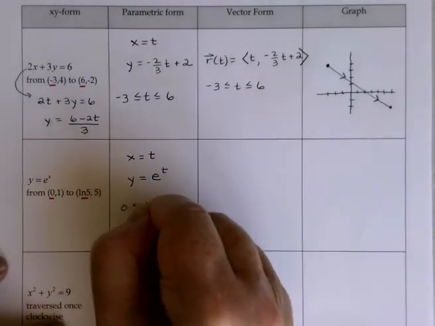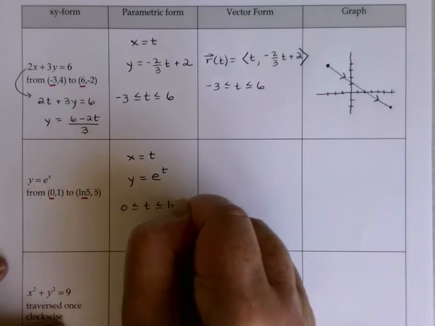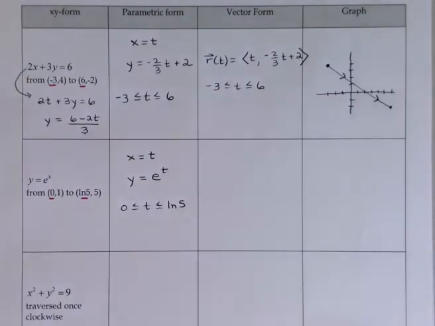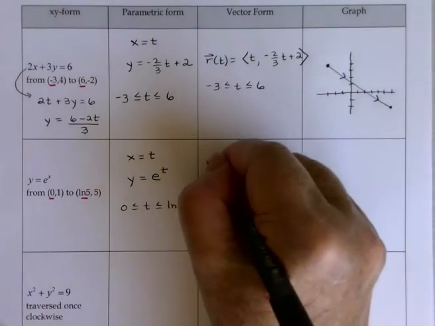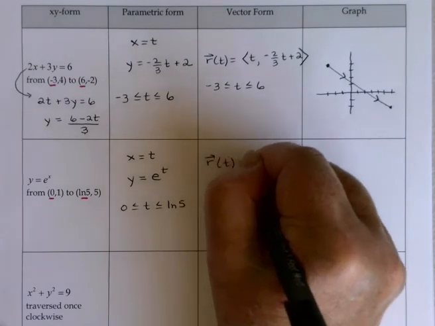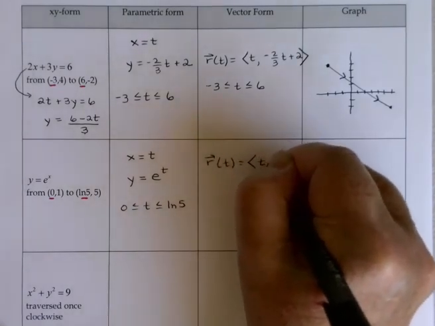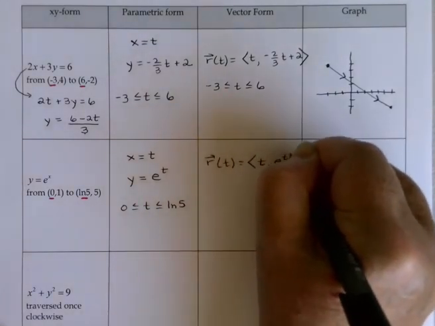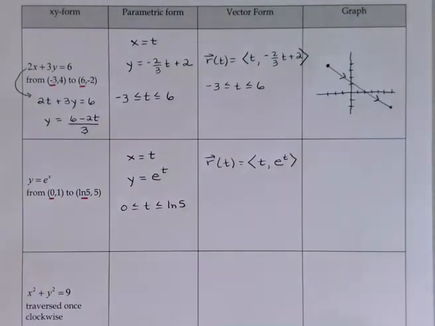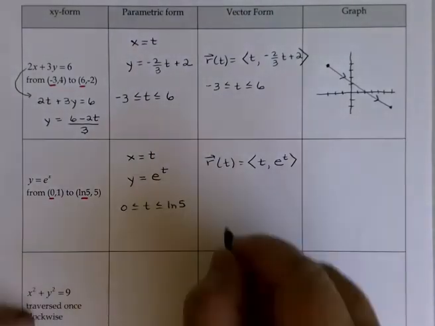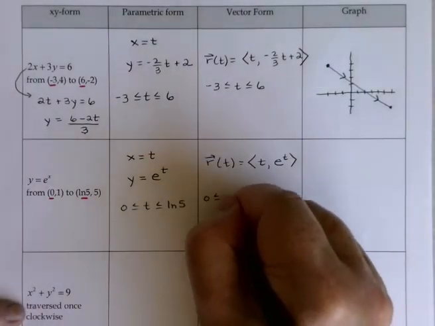In this case, 0 to ln 5. We'll turn that into a vector equation: t, e to the t in vector valued form, with again the same limitations on t.